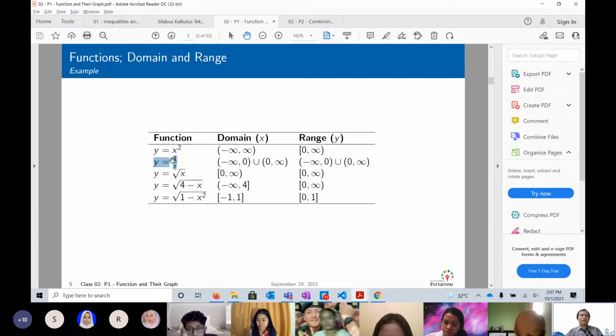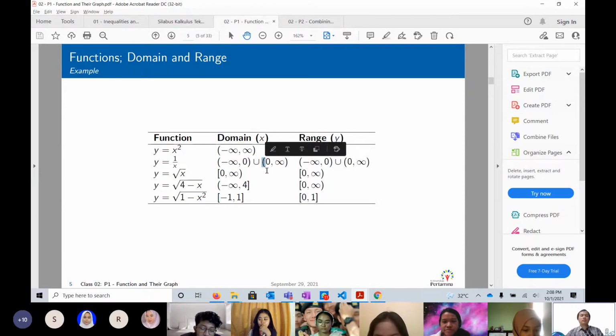In that case, the domain is all real numbers except 0. How do we know that 0 is not included? You can see here that we have from minus infinity to 0, but 0 is not included because we use the normal round bracket. And the next set is from 0 to infinity, but 0 is also not included because the open bracket is the normal bracket.